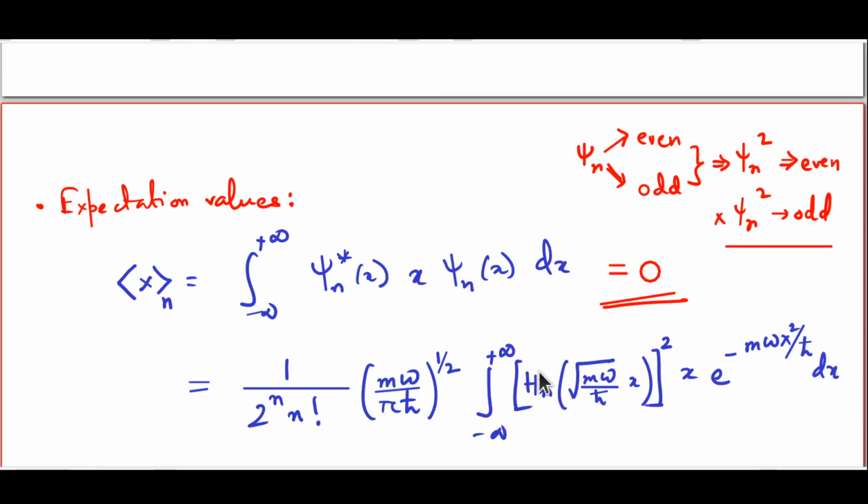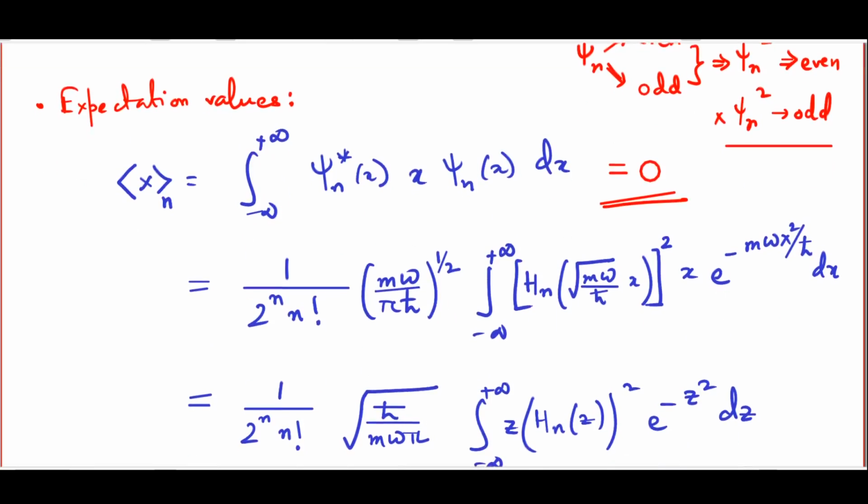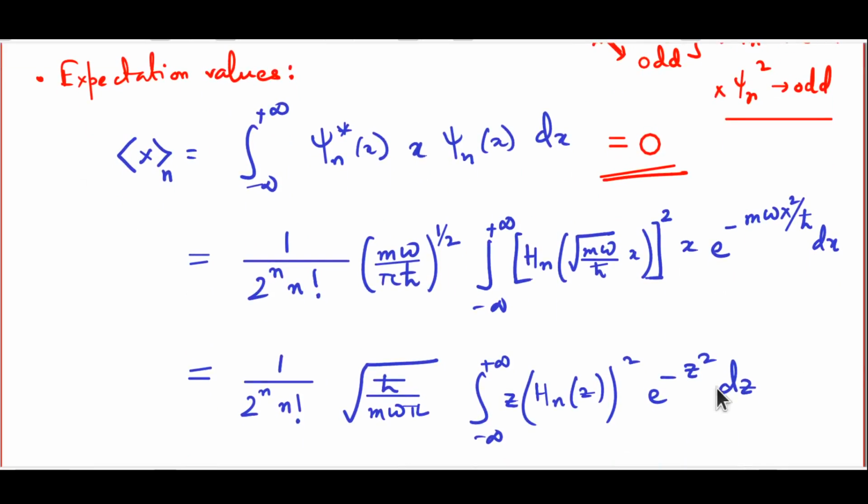Once again, the only way in which you can actually evaluate this integral, of course without having spotted the obvious thing that this is 0, is to substitute root over m omega by h cross times x equals z, and once you do that and take care of the normalization constants properly, you are going to end up with this result.